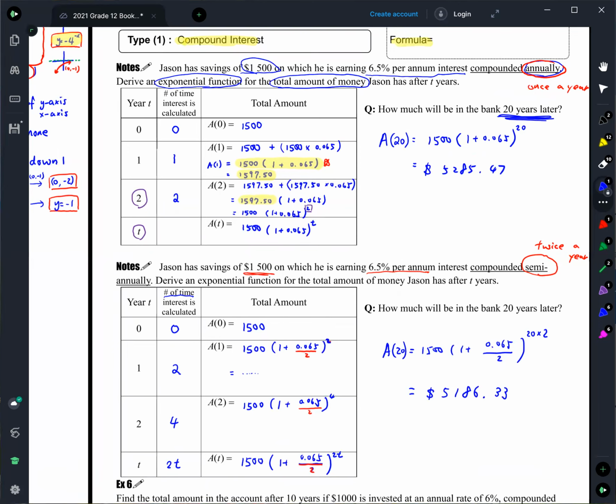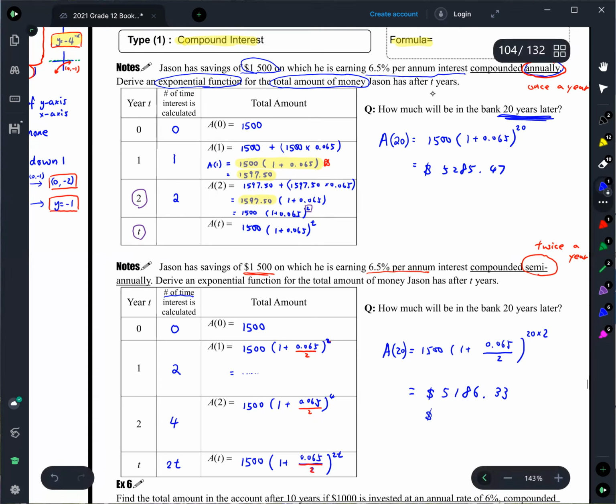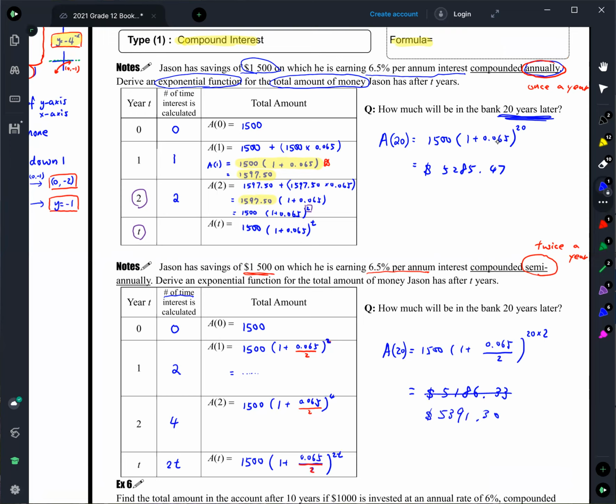Sophie, what do you have? Okay, so you have 5391.30. Yeah, okay, so that's the correct one. 5391.30. Eric, have you found out the mistake?